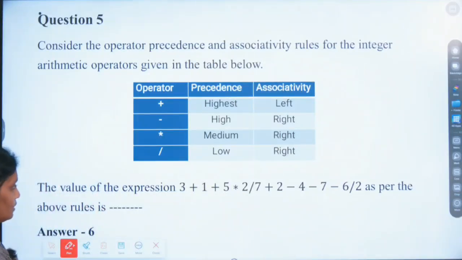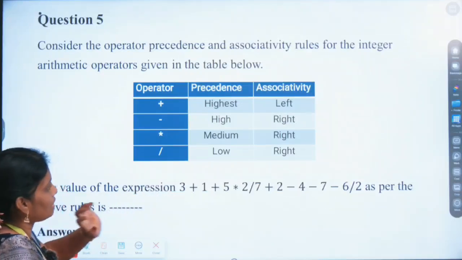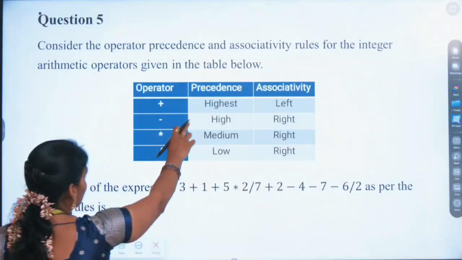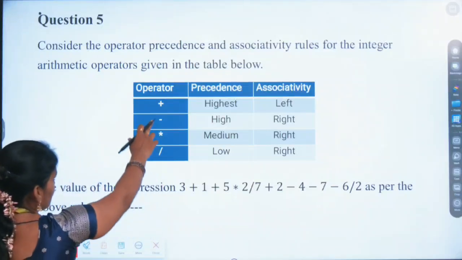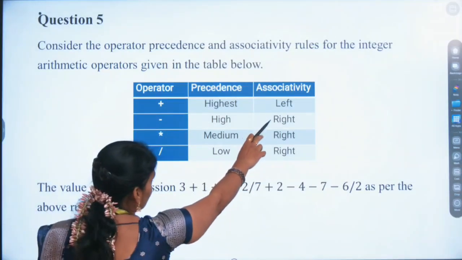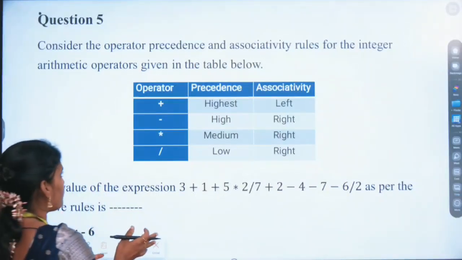We need to find the value of the expression based on the given precedence and associativity. Here the highest precedence is the plus operator and the associativity is left, which means we have to evaluate the expression from left.